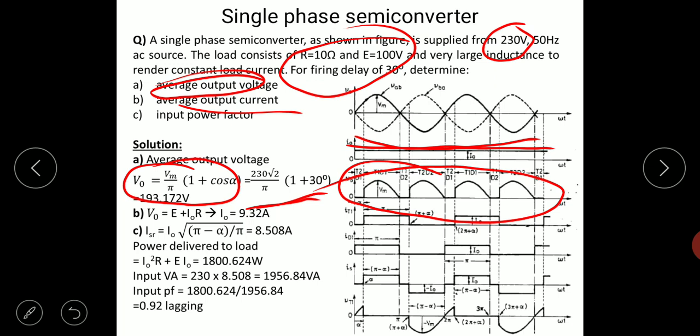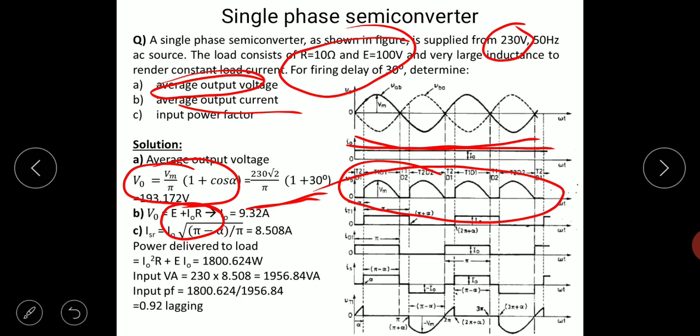Now we know that V0 is equal to E plus I0 R, because the average voltage does not exist across the inductance. We have already discussed in previous cases that in one cycle the initial and final values of current are the same.